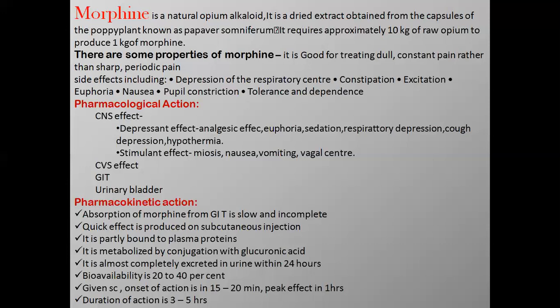It is metabolized by conjugation with glucuronic acid. It is almost completely excreted in urine within 24 hours, and bioavailability is 20 to 40%. It is mainly given subcutaneously. Onset of action is 15 to 20 minutes and peak effect in 1 hour. The duration of action of morphine is 3 to 5 hours.